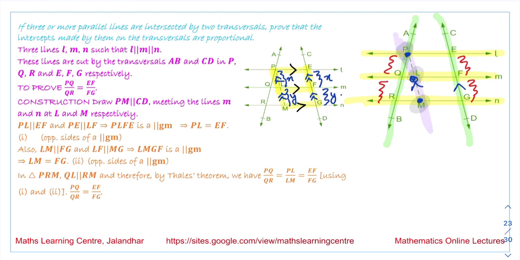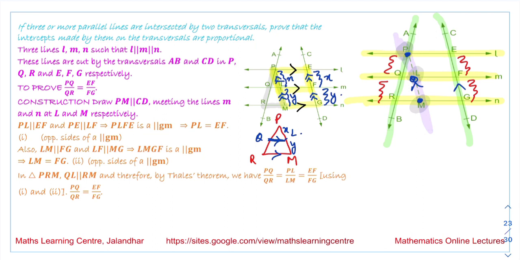Now look at this triangle over here, this triangle PRM I am talking about. I am drawing this triangle over here. This is the triangle we are talking about. This is PRM, and we are having 2 points over here. One point is Q, and second is L. We are saying these 2 lines are parallel to each other. These are X and Y. Then what we have is these 2 lines are parallel to each other.